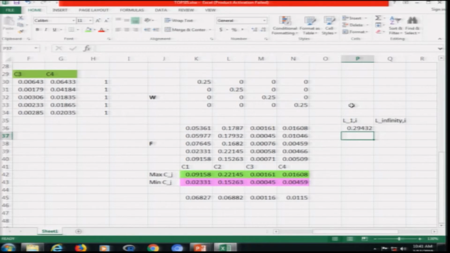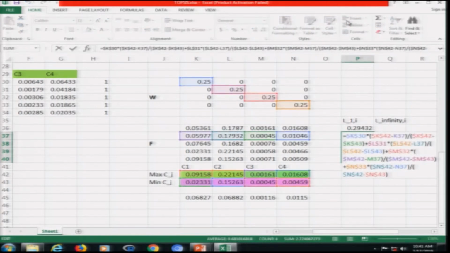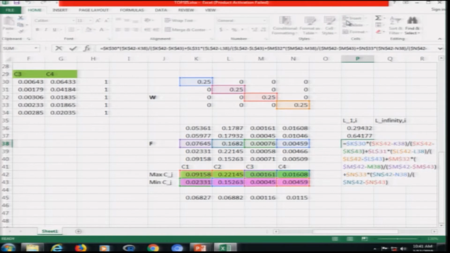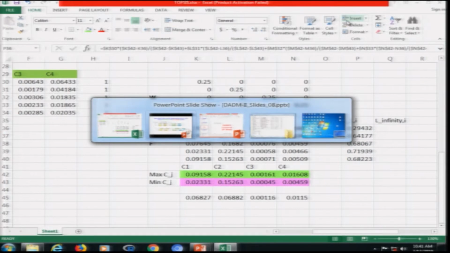So, this is done. So, I need to copy. Let me copy it. So, let us check by the cells whether they are right. It is right, this is right, this is right, this is right. So, let us check the values calculated here are matching with the X in the PPT.